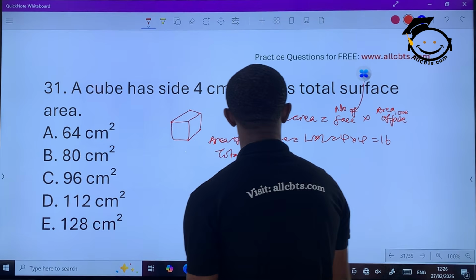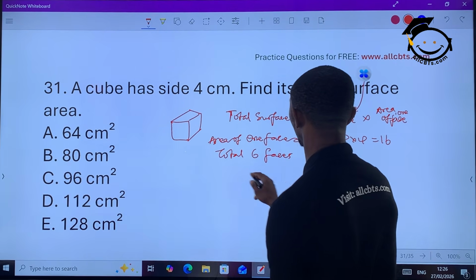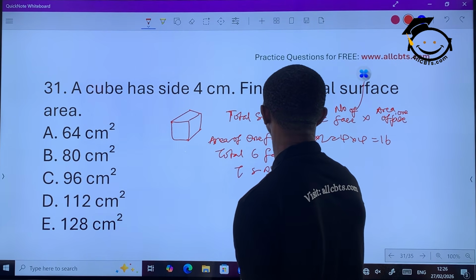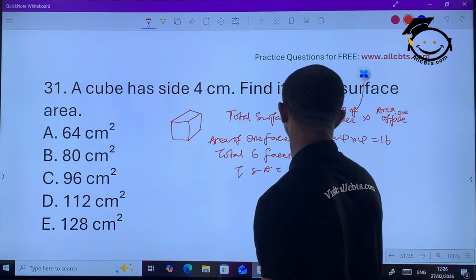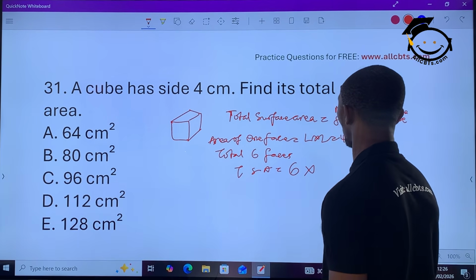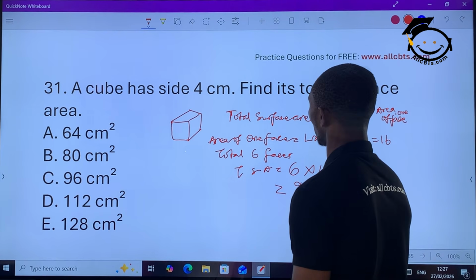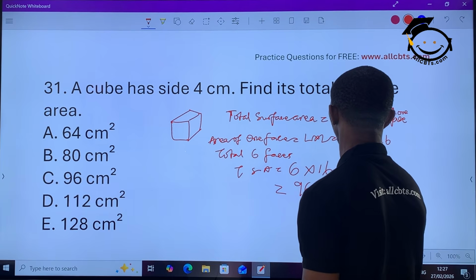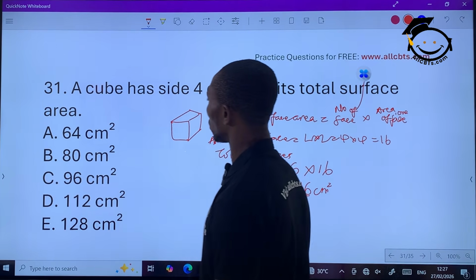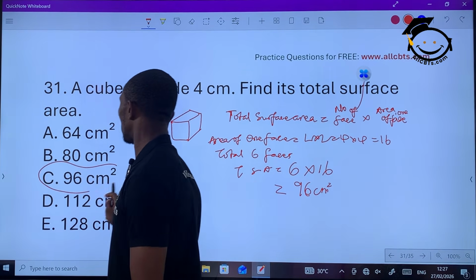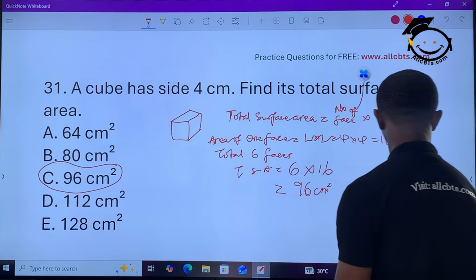So our TSA would be number of faces, which is 6, times area of one face, which is 16. 6 times 16 gives us 96 cm squared. So the total surface area will be 96 cm squared.